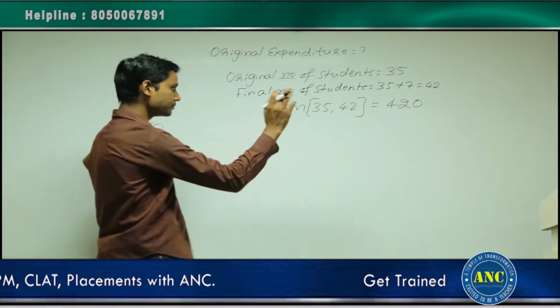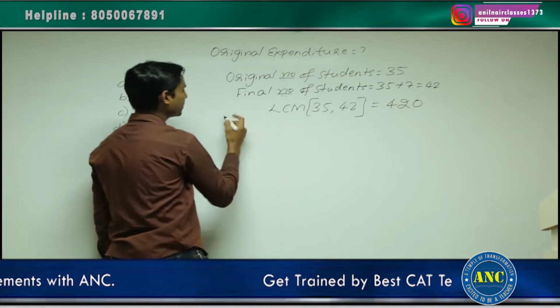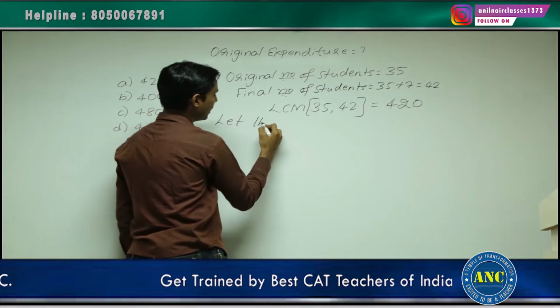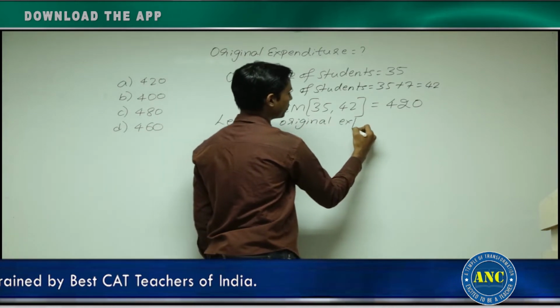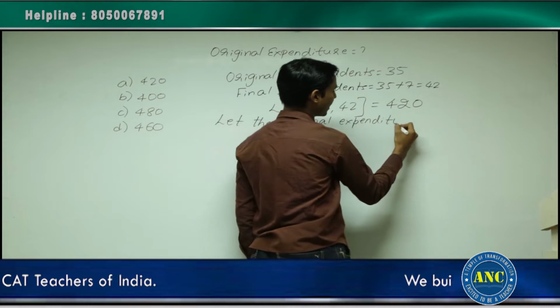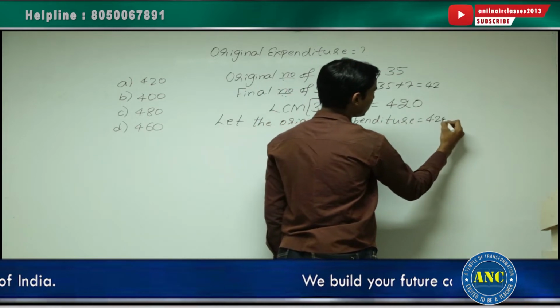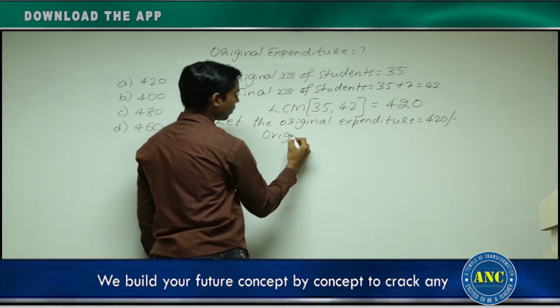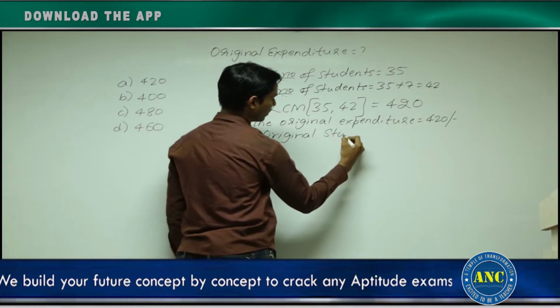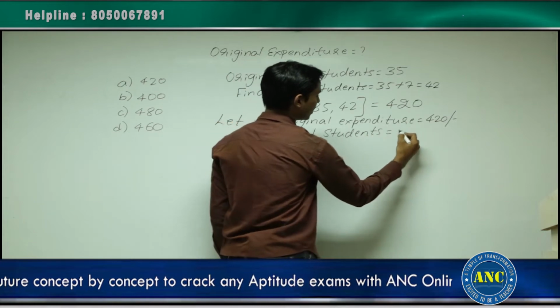Right? Now see here. Let the original expenditure be 420 rupees. This is my assumption. It may or may not be right. Let us check whether it is right or not. The original number of students is given as 35.